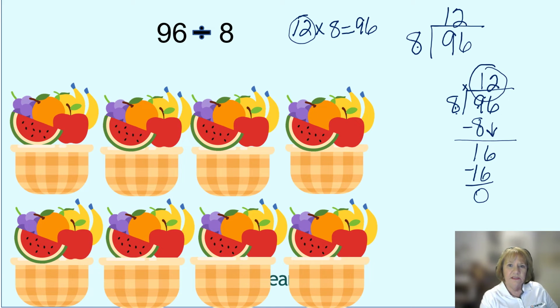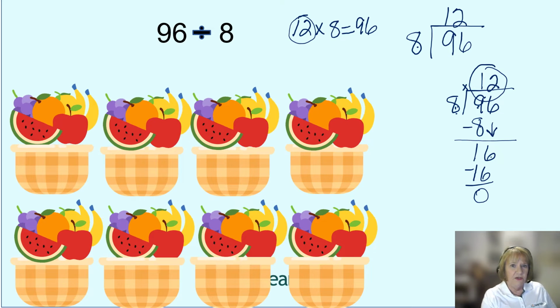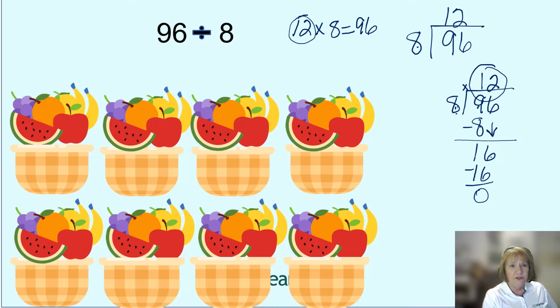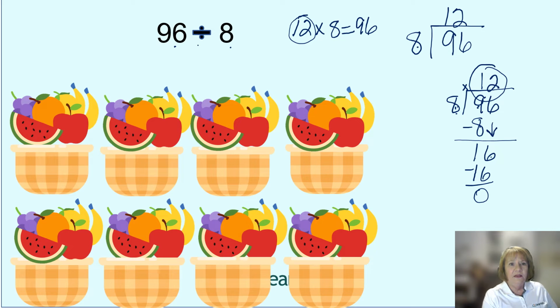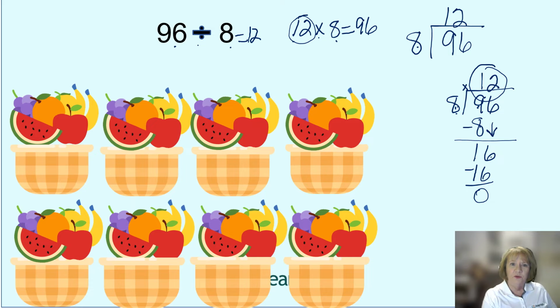The answer is still 12, and we'll talk about long division in another one of the videos also. But if you know your multiplication facts, you can solve a problem like this pretty easily. 96 divided by 8 equals 12, and 12 times 8 equals 96.